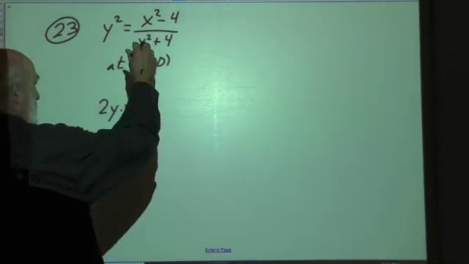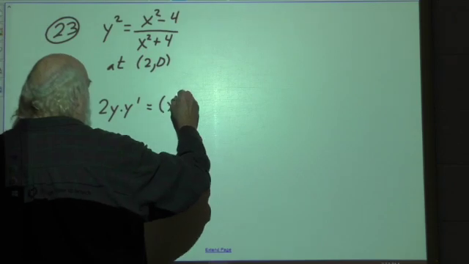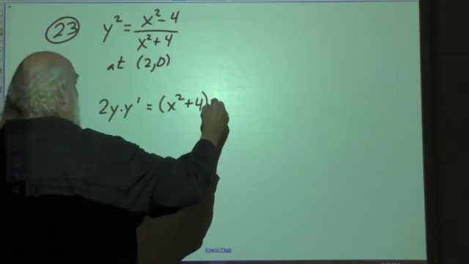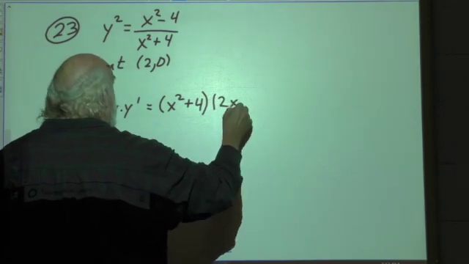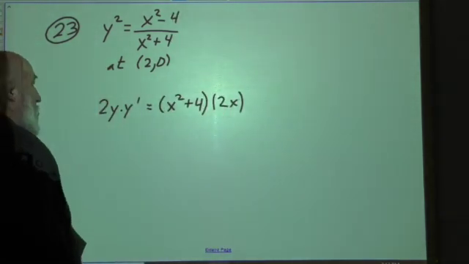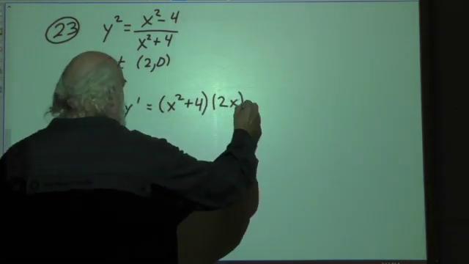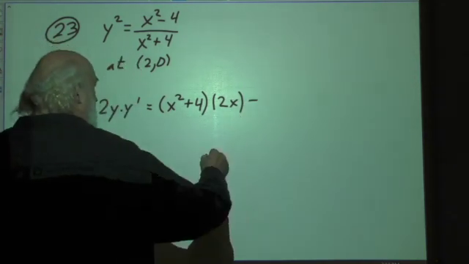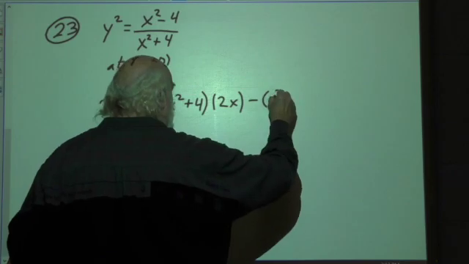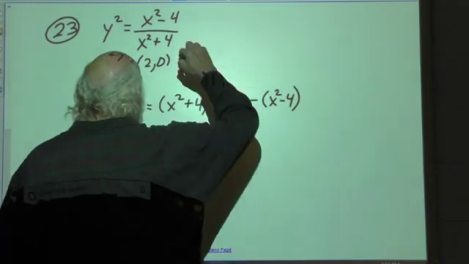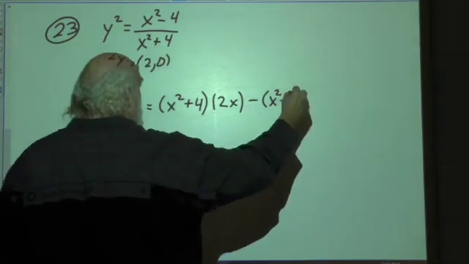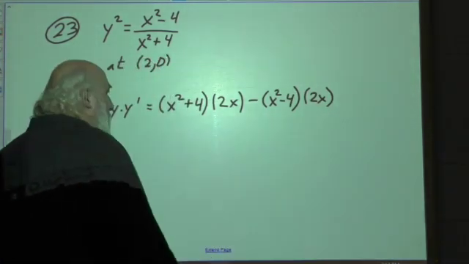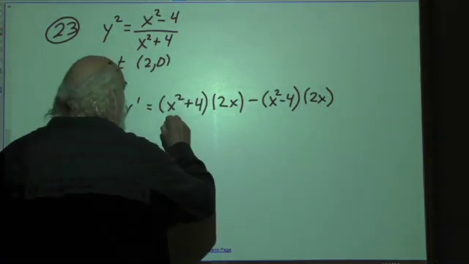So that means the denominator, x squared plus 4, times the derivative of the numerator, which is 2x, because that negative 4 is a constant, drops out. But because we're dividing, there will be a subtraction sign here. And now we have x squared minus 4, times the derivative of x squared plus 4, which again is 2x. The positive 4 drops out as a 0. So that gives us that over the denominator.